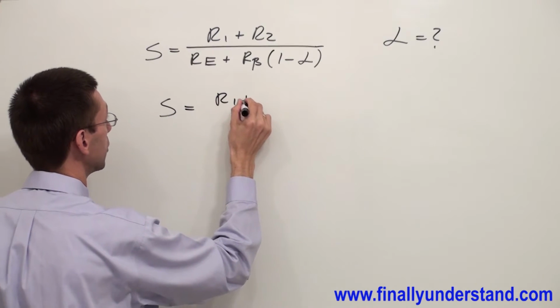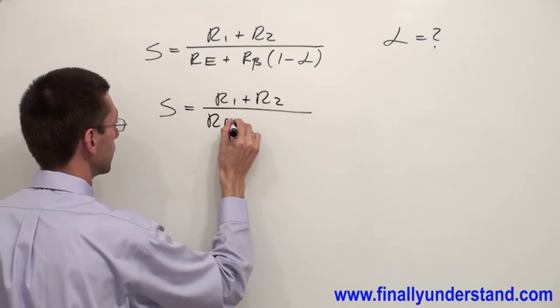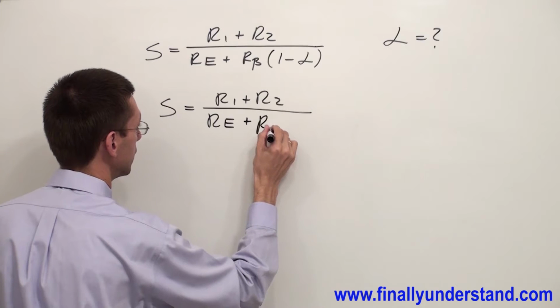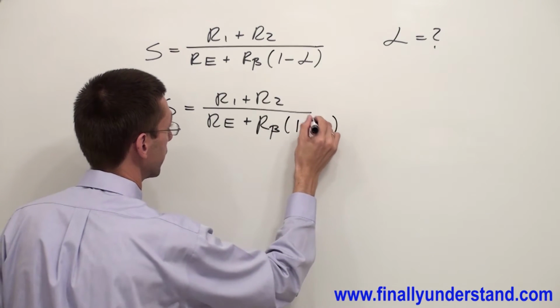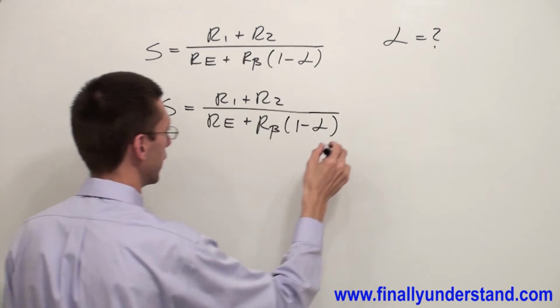So S equals R1 plus R2 over Re plus R beta (1 minus alpha). I have to multiply both sides of the formula by the denominator.